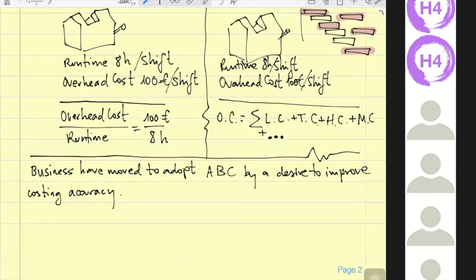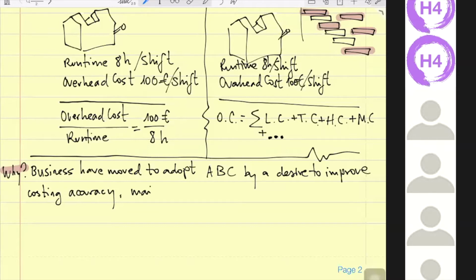We have more details, so this is why we do it. We have more details, so we can have a better understanding of the costing structure.